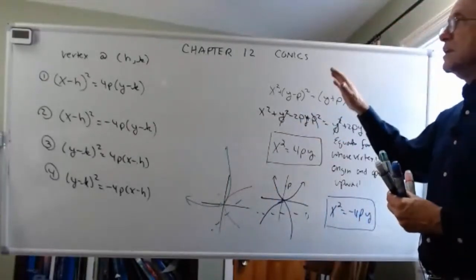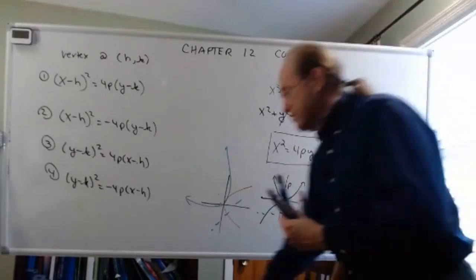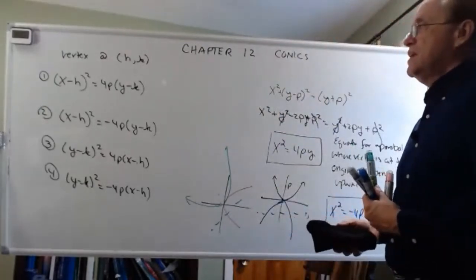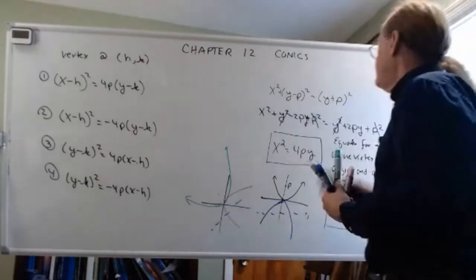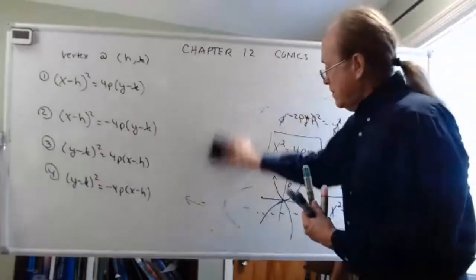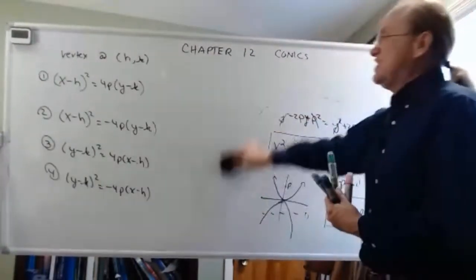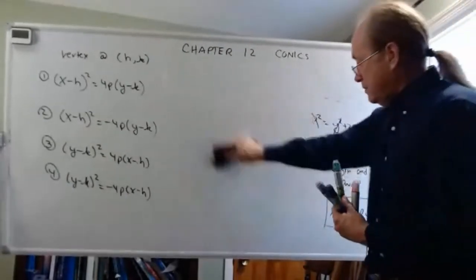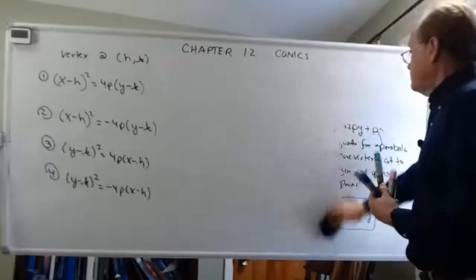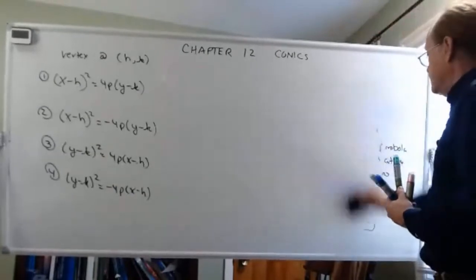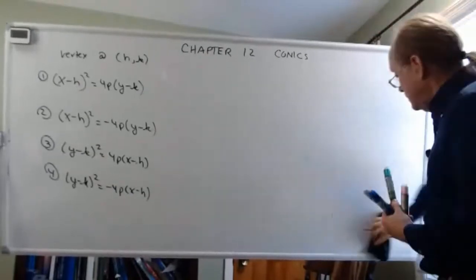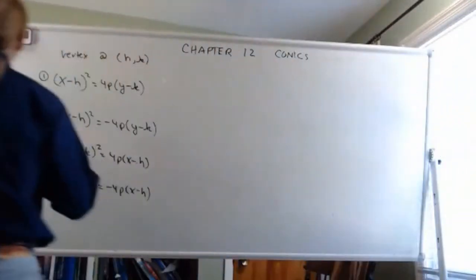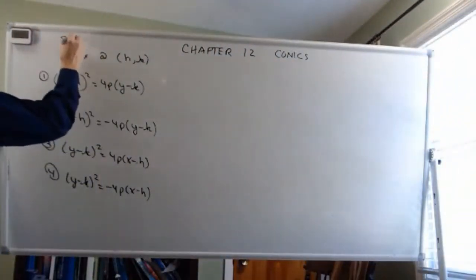But you can see you can get a lot of different things for a parabola, unlike the circle, which was so much easier. So those are roughly the four forms written in their standard form. That's the standard form for all of those parabolic equations. So these are the four standard forms.